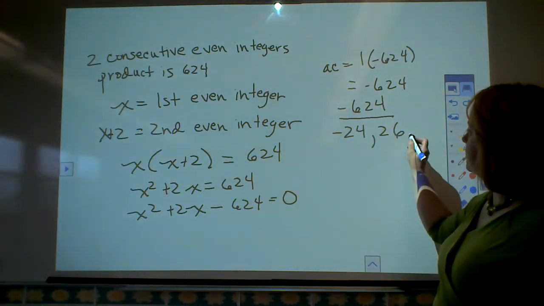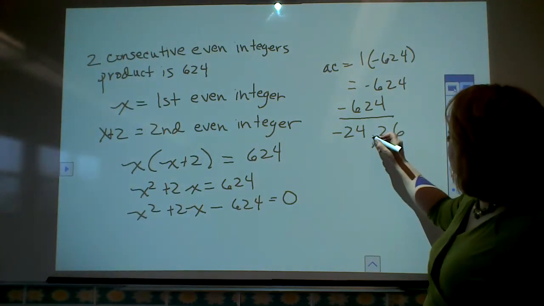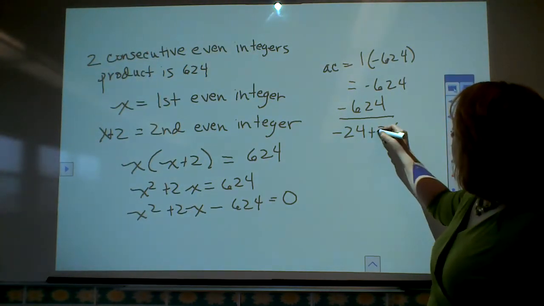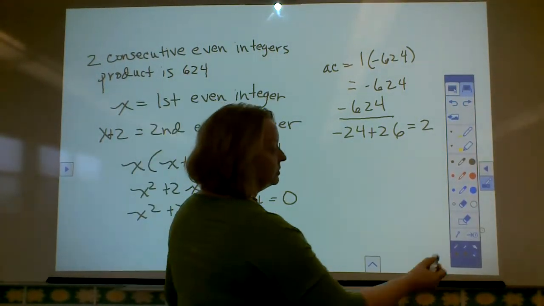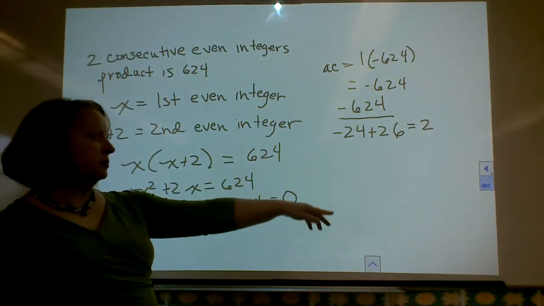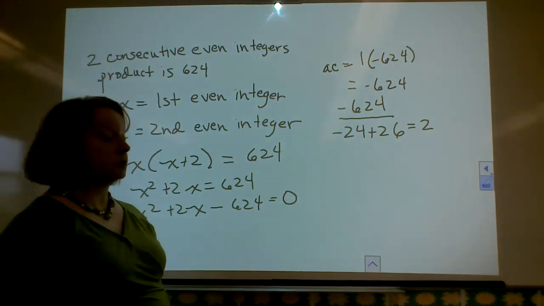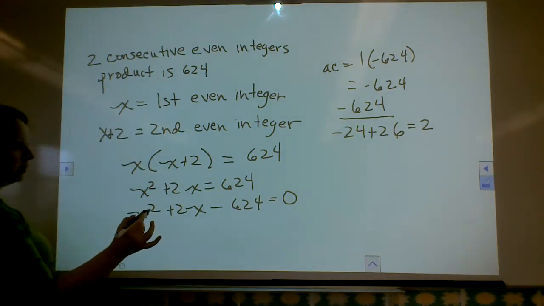So if you add those, we're going to get a positive 2. Now this is a little bit different of a problem because we have 2 values here, and we're actually going to come up with 2 answers at the end. So let's just keep going with the problem.